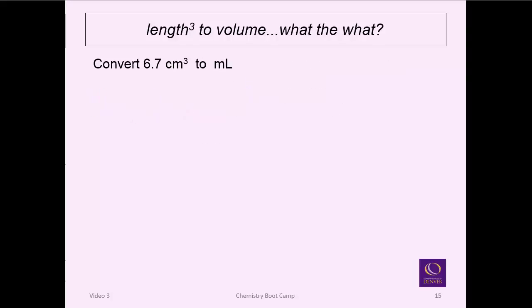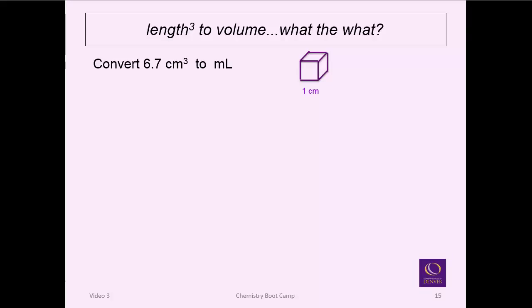Now cubic length to volume. All right, so we're going to use length times length times length to describe volume. So let's think about what this means, and there's something unique about the metric system. If I took a box and it was 1 centimeter wide, 1 centimeter high, and 1 centimeter deep, here's really a cubic centimeter.